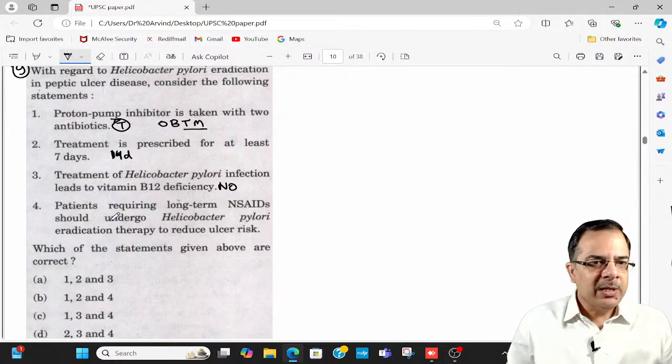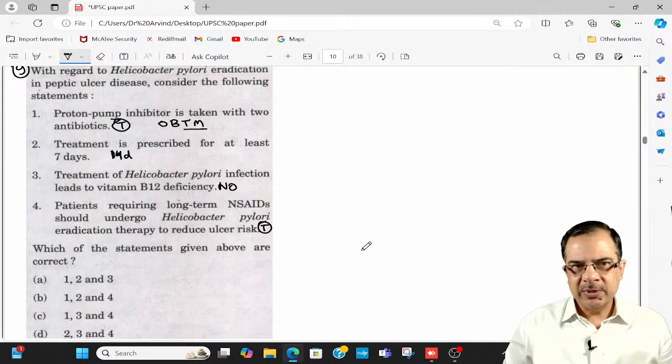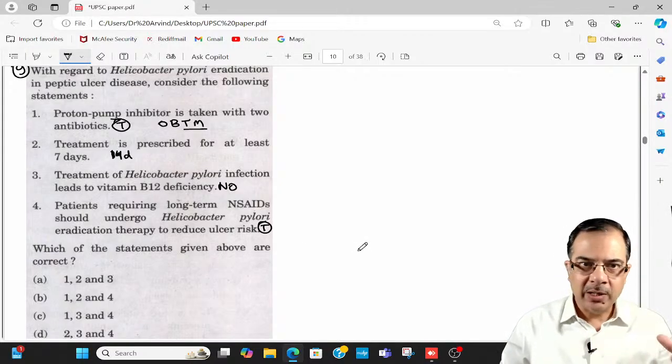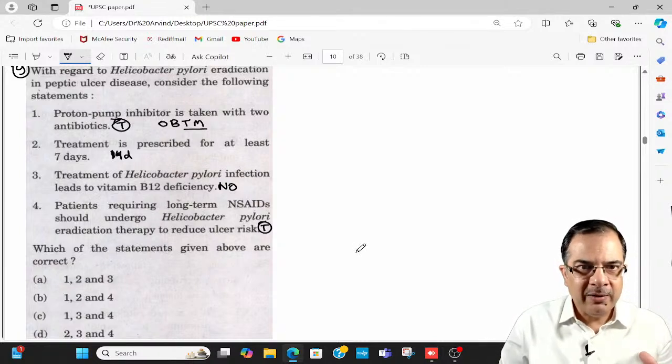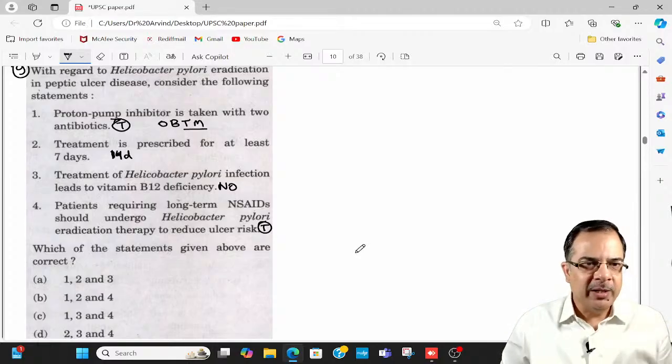Patients requiring long-term NSAIDs should undergo H. pylori eradication to reduce the ulcer risk. Yes, this is true. Those patients who are taking NSAIDs should check themselves for H. pylori. If positive, then undergo eradication. So the combined effect of NSAIDs and H. pylori will be reduced. So this is a true statement. The best answer for this would be 1 and 4, but no 1 and 4 option is given.